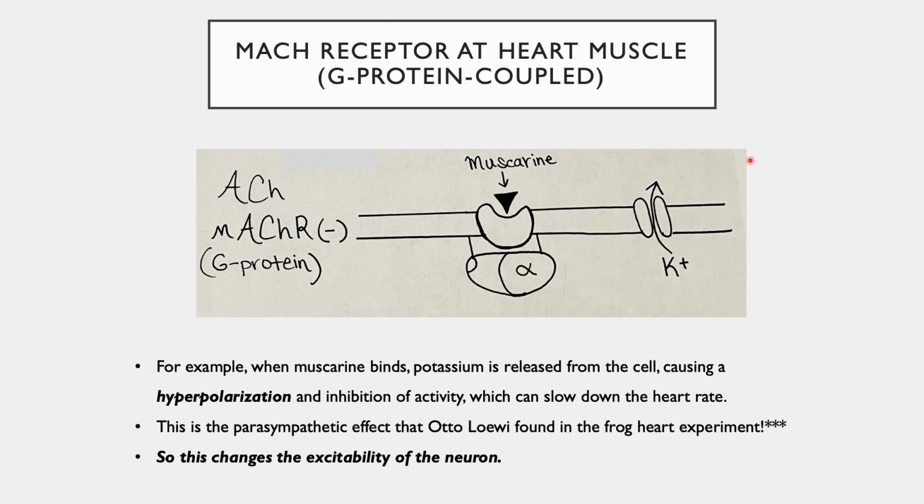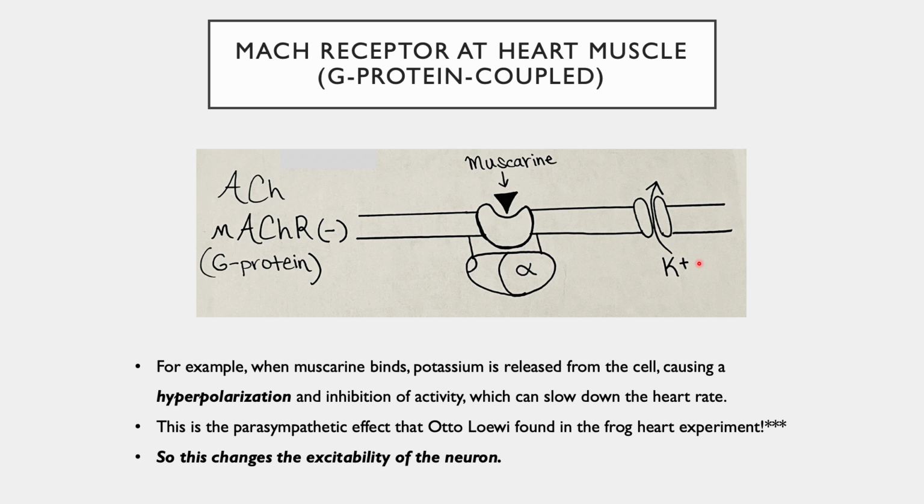Based on what we know about action potentials, we know that this efflux of potassium is going to generate hyperpolarization and inhibition of activity, which will slow down our heart rate. This is a parasympathetic response, and the parasympathetic nervous system plays an important role in resting and digesting. We're going to talk more about these different parts of the nervous system in our next lecture.